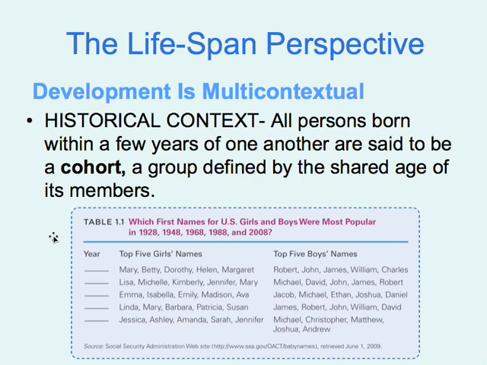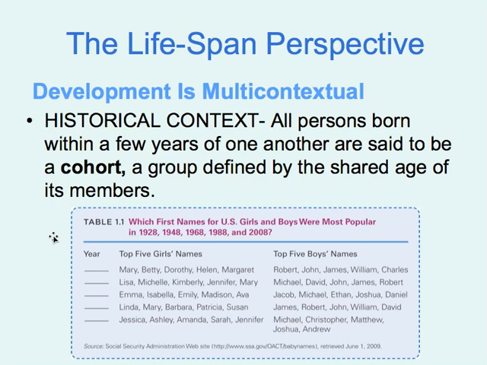And the fact that if you were born in one of these years, there was a different set of names that was most common for girls and boys reflects the fact that just by virtue of being born in one of these years here, you were more likely to be named certain names than others.